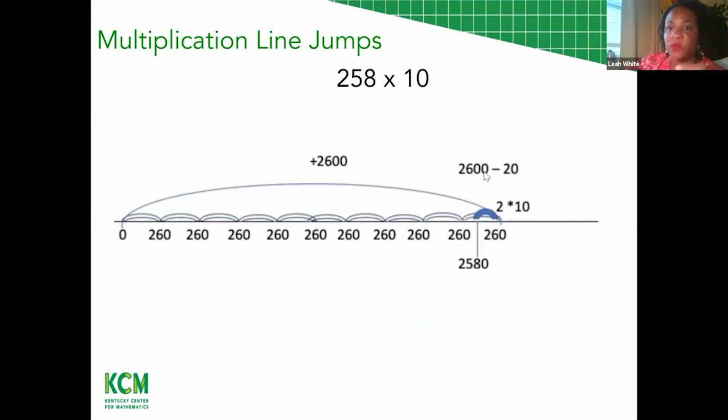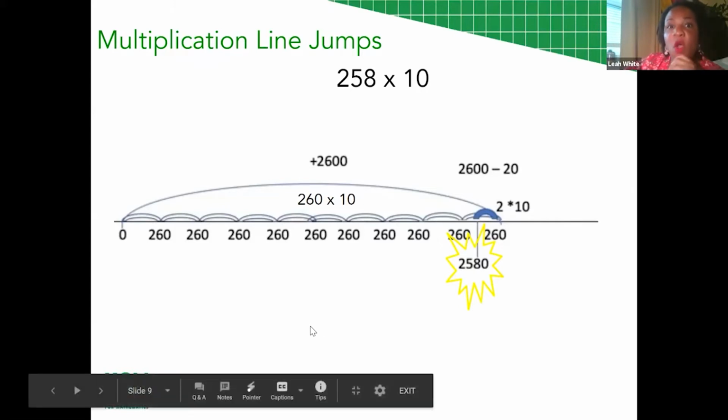And then because we went beyond the number when we made this partition, we would then subtract and go back 20 because that's at 2 hops. Remember the bigger chunks. And so then we can demonstrate the product here with a line as well. And so students can kind of get used to doing those line hops and using this line strategy to multiply prior to the algorithm.